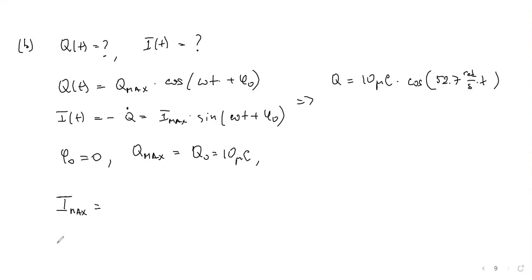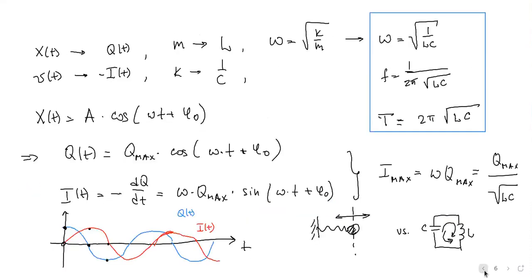Yeah. Remember we had this equation. V max was omega amplitude. I don't know if you remember this or not, but we did have this before. And probably I wrote this too. If I go back to check just very quick. Yeah, here. I max is omega Q max, yeah? So we do have it.